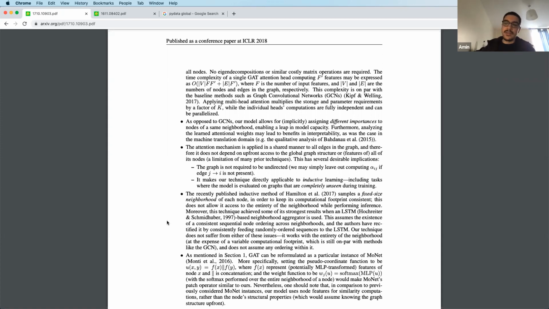In that case, you just mask. In the directed setting, you would just mask some extra nodes, and in terms of implementation, your adjacency matrix just wouldn't be symmetric in that case.